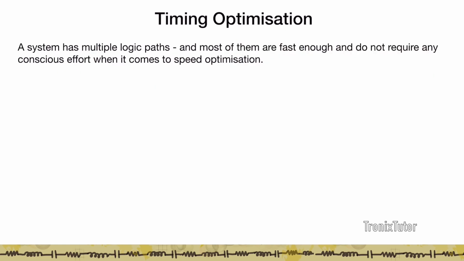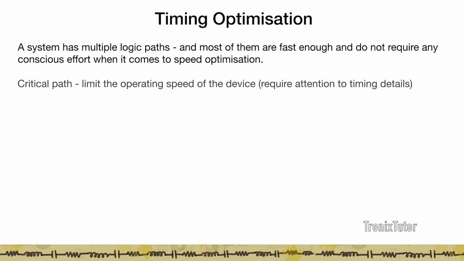Now, if you think about any system, a system can have multiple logic paths, and most of them we don't really need to do any special design for, because they are fast enough and meet our timing requirements. So many times optimization for timing boils down to a few critical paths in the design.